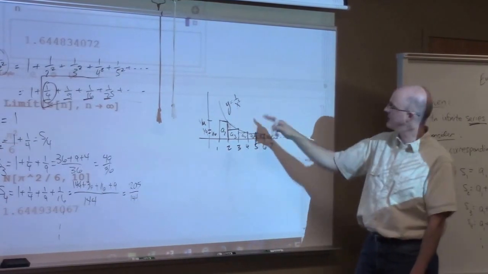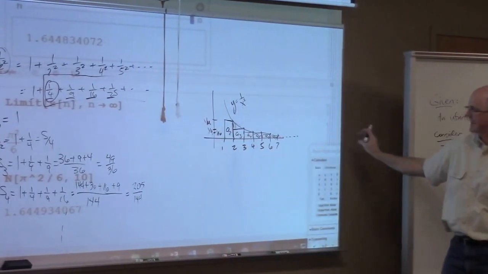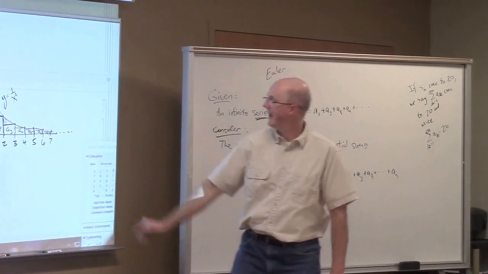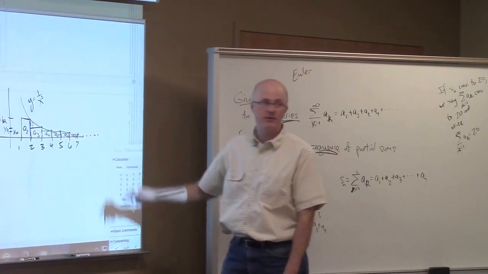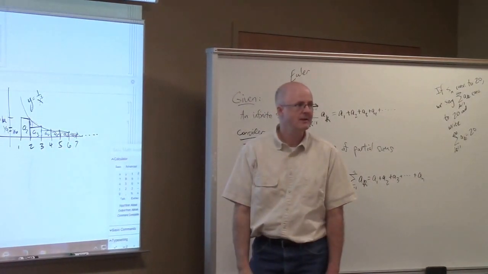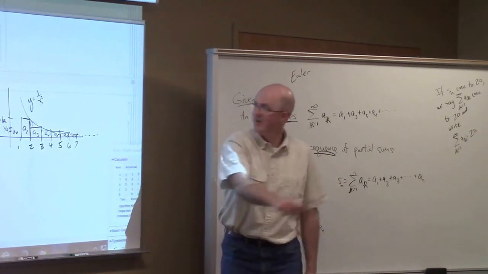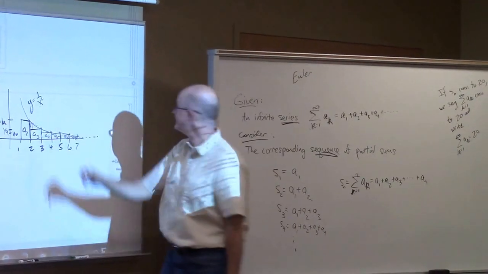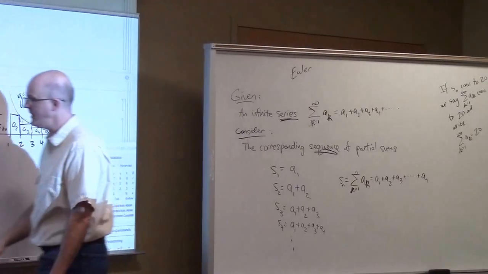So if the area under that graph extended out forever is finite as an improper integral, that would mean the area of all the rectangles going out forever is also finite. But you already know the integral of that is finite. What is it? It's an improper integral.